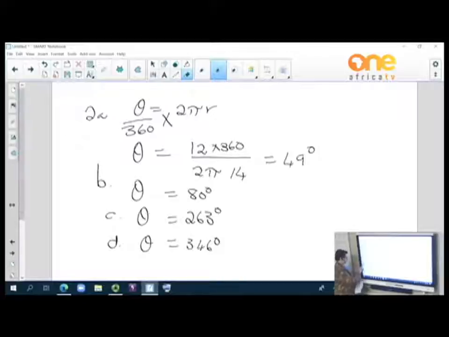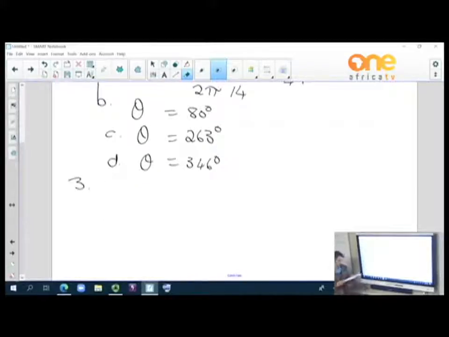Okay, now we're looking at question 3. The diagram shows the minor sector OAB of a circle. OB is the radius, 10, and the arc length is 21. Find angle OAB. So it's the same thing, theta over 360 equals arc length over 2 pi r. What is the radius? 10, and what is the arc length? 21.